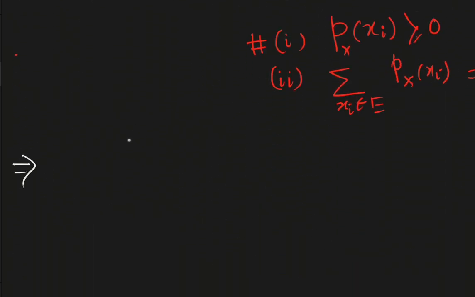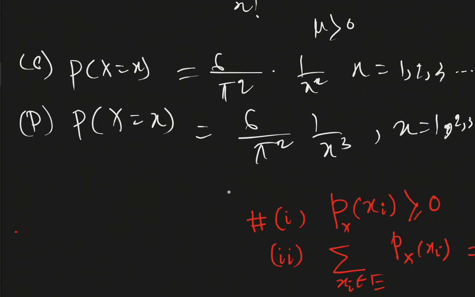For option A, the summation of x equal to 1 to infinity of q to the power x minus 1 times p.